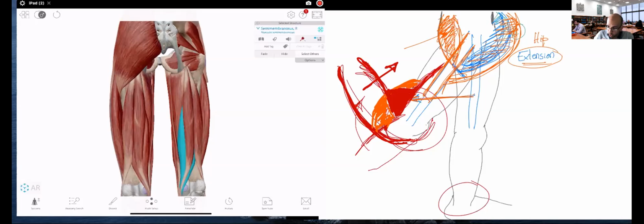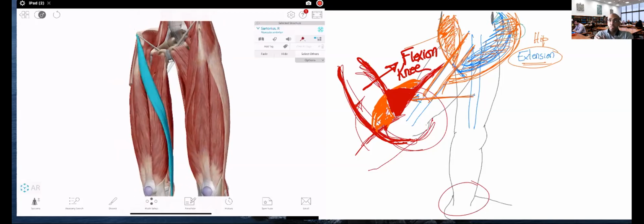For the knee joint, it's going to be a flexion of the knee. All right. Questions?